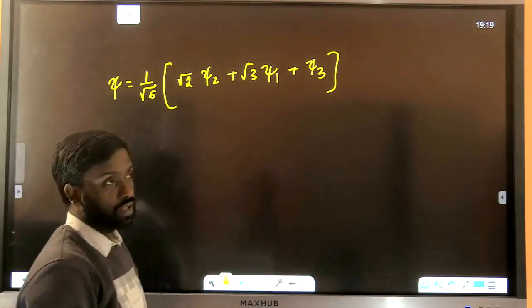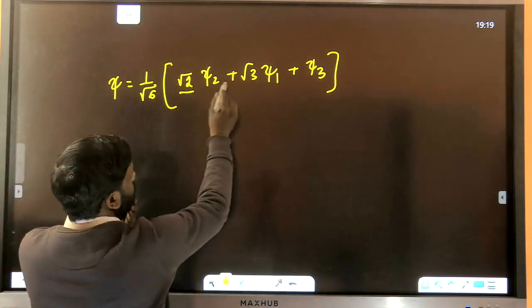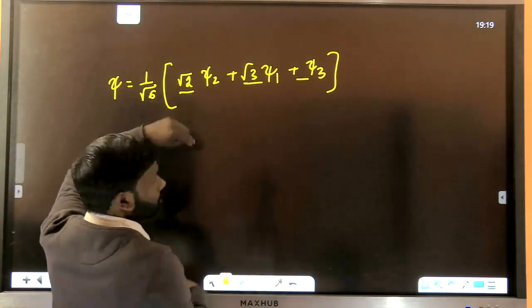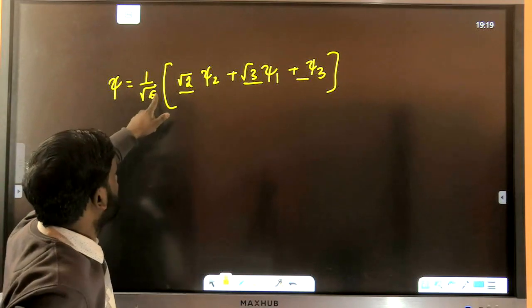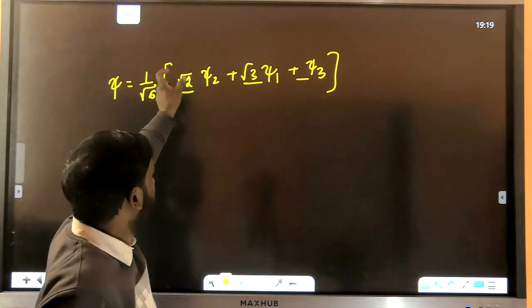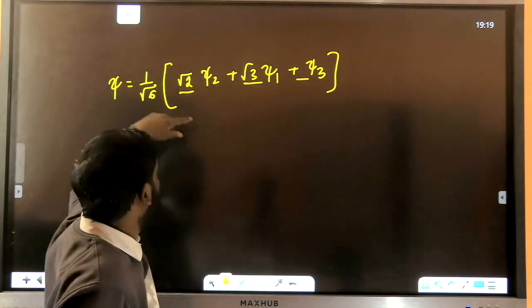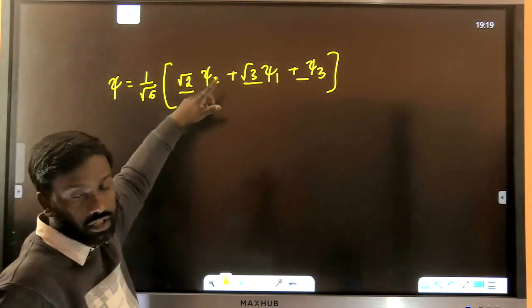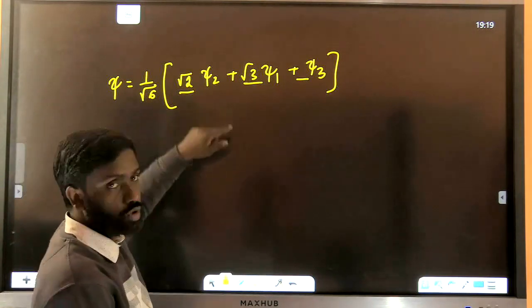That's what you have. Now, if you square and add these coefficients, 2 plus 3 plus 1, that gives you 6 by 6, so that is 1. So this wave function is normalized.